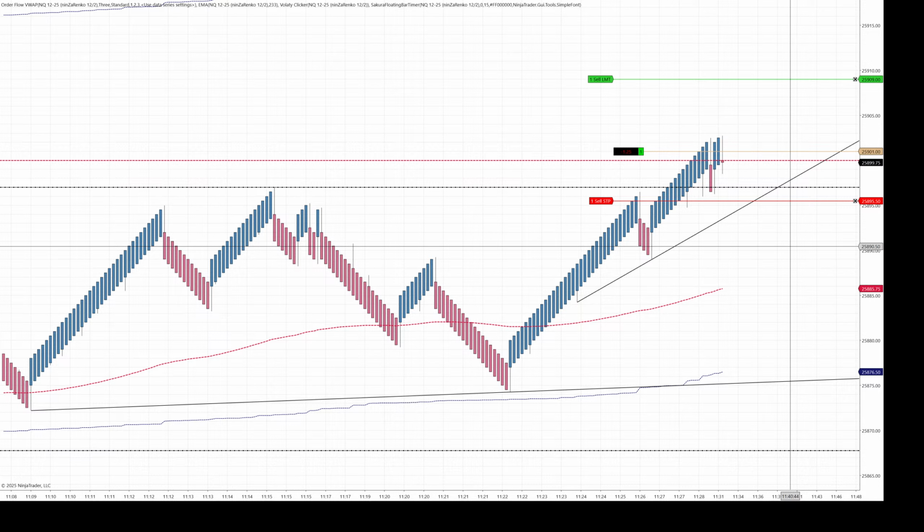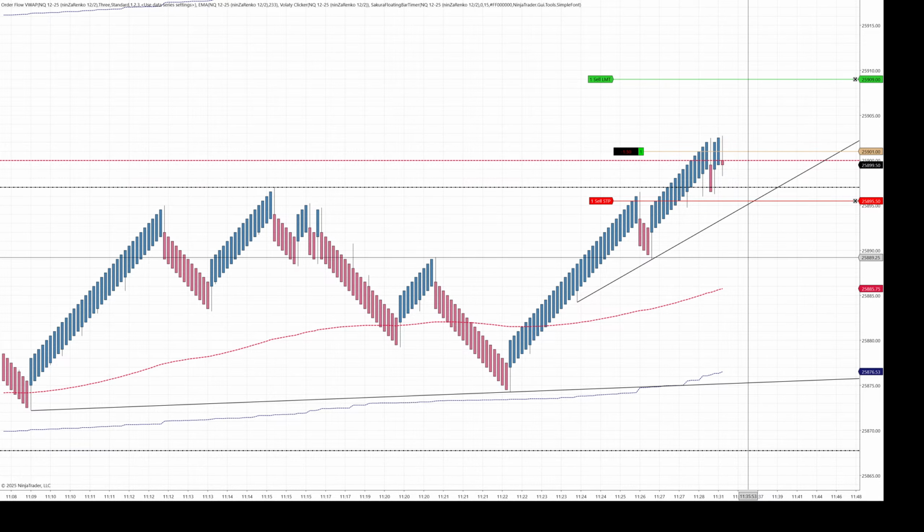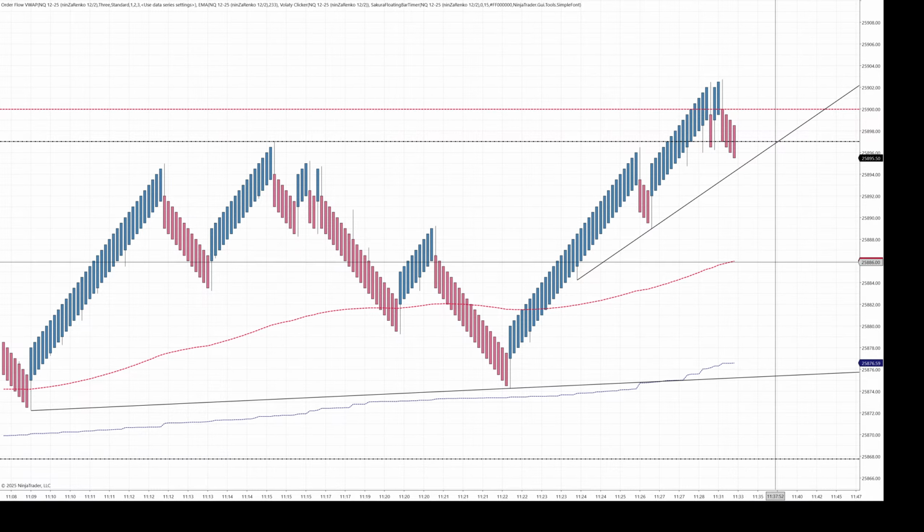Yeah, the price action today is really sluggish. This is probably going to be my last trade, guys, one way or the other. Yeah, stop loss. Okay.